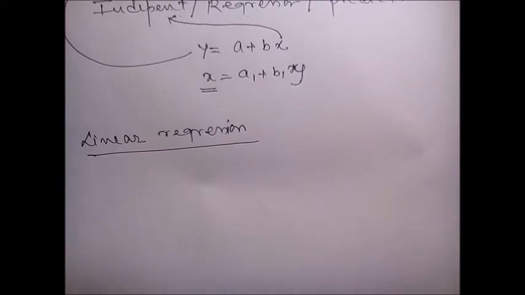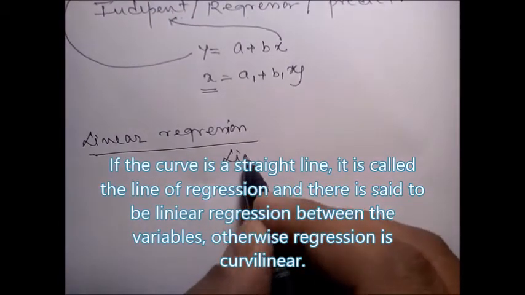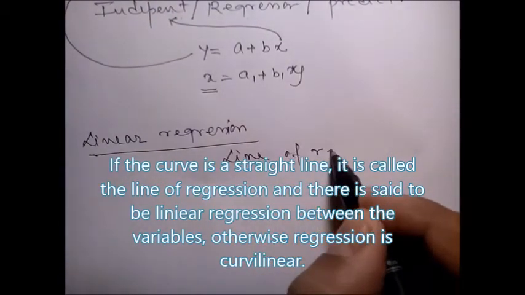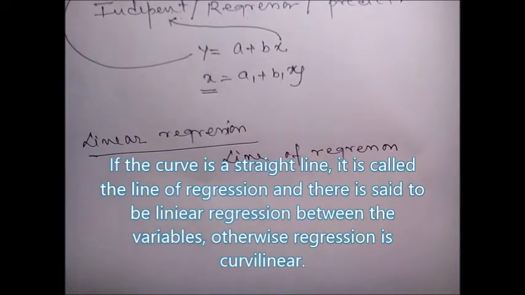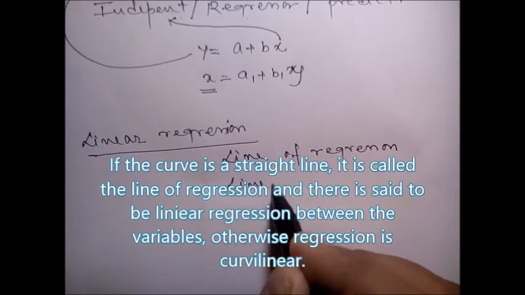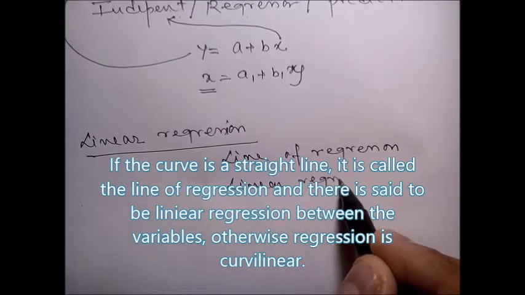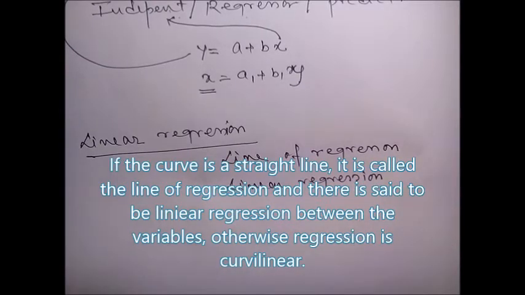Now, if the curve is a straight line, it is called the line of regression, and there is said to be linear regression between the variables. Otherwise, regression is curvilinear.